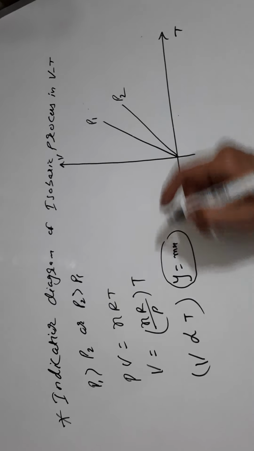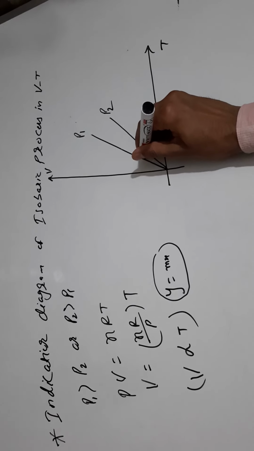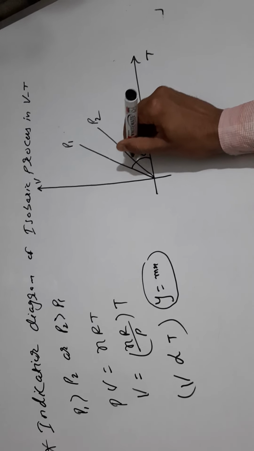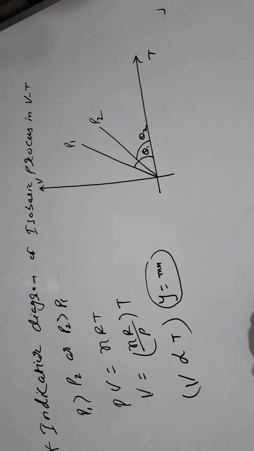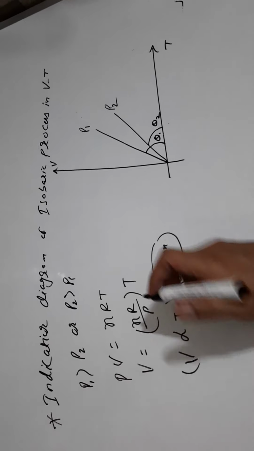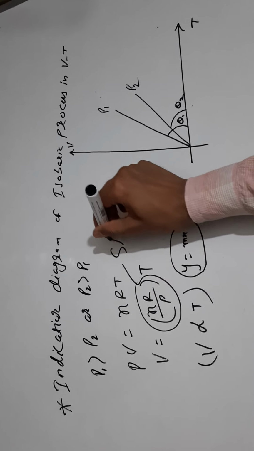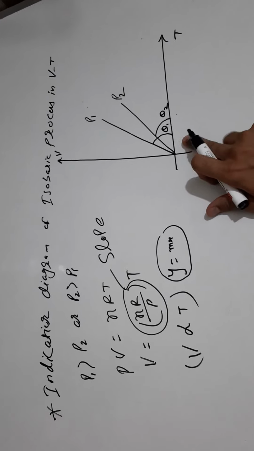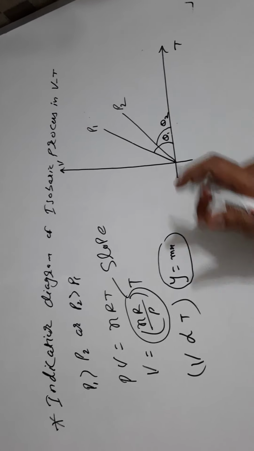As per the diagram, this is theta 1 and this is theta 2. This is the slope. Looking clearly, the slope of line P1 is greater than the slope of line P2.